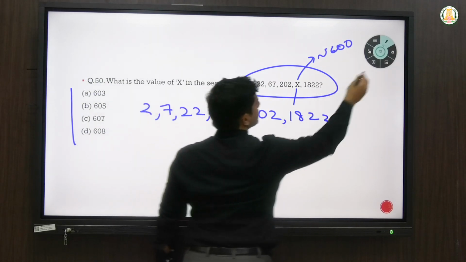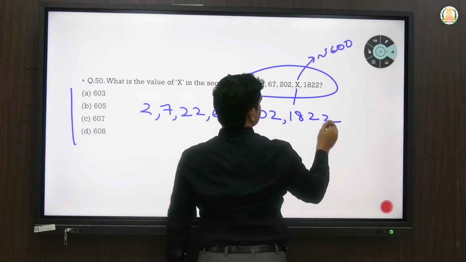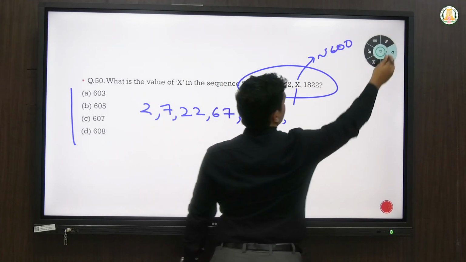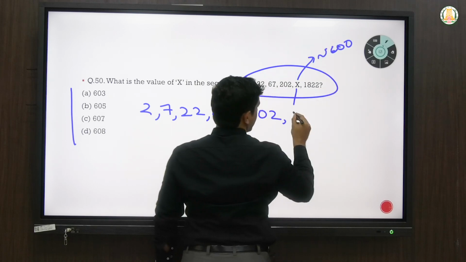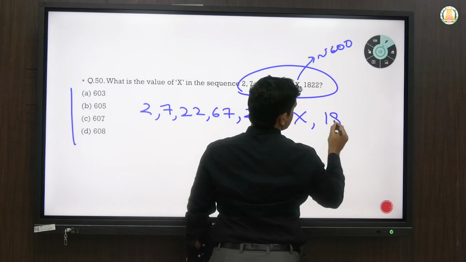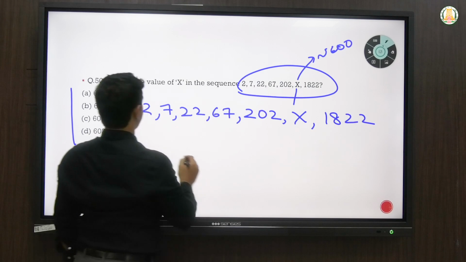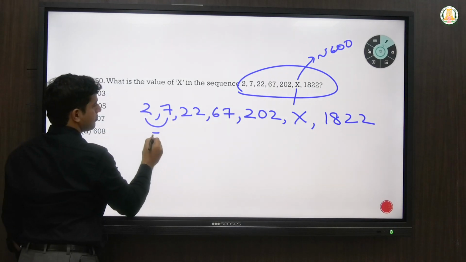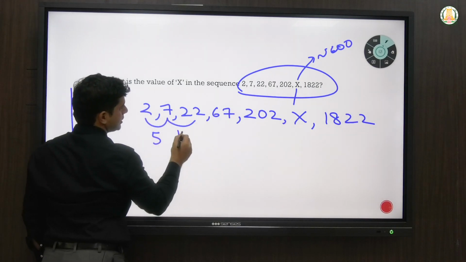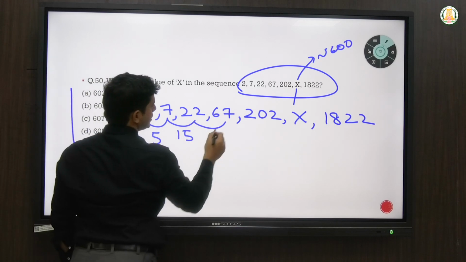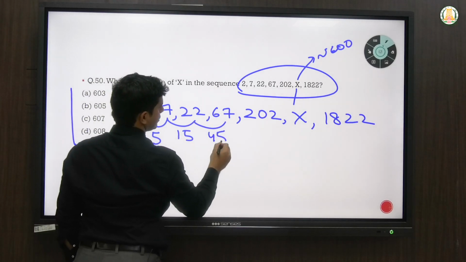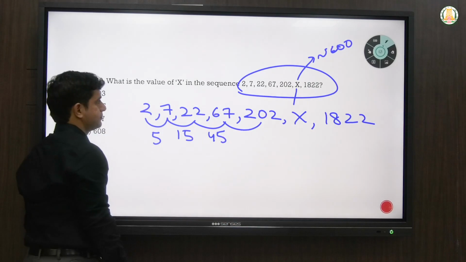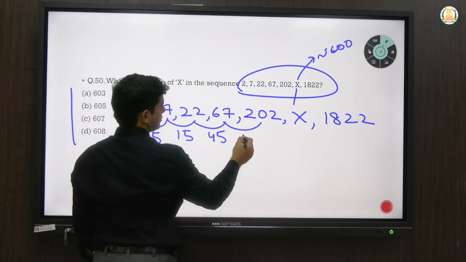So put x here and then 1822. The difference here is 5, here it is 15, here it is 45, here it is how much?